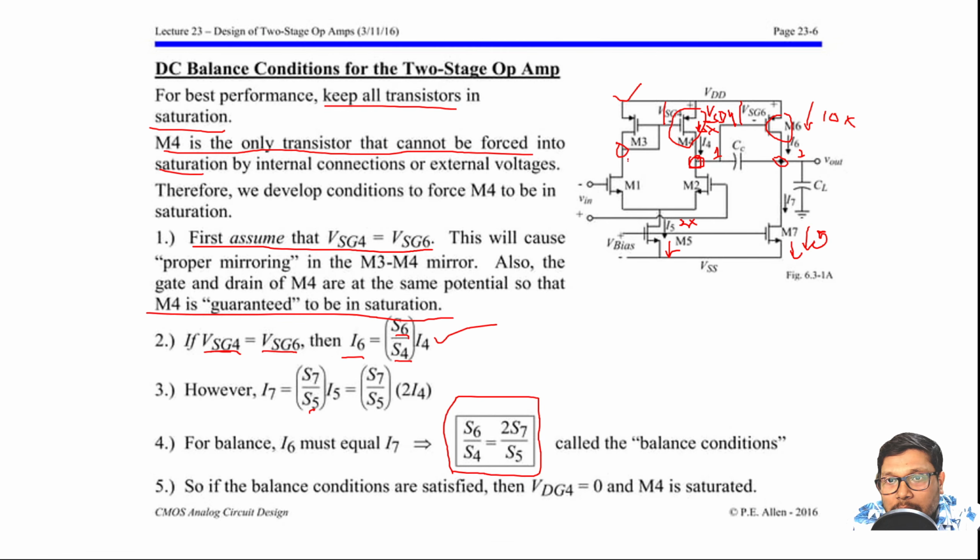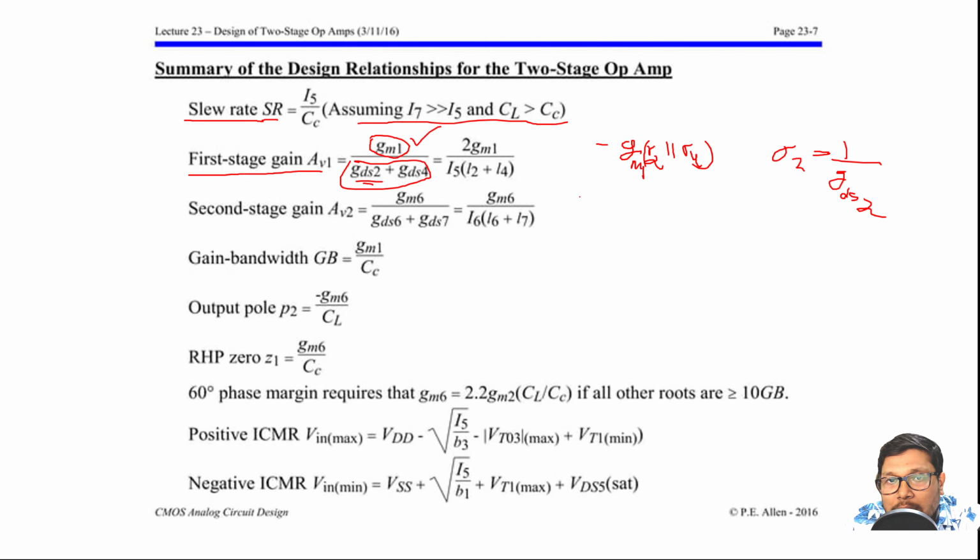So current from this side is I5 by 2, this current is I5 by 2. So this I5 by 2, 2 is multiplied in the top side and 2 is GM1, and this is lambda 2 and lambda 4. Okay, that is the channel length variation. Okay, second stage gain is the same.